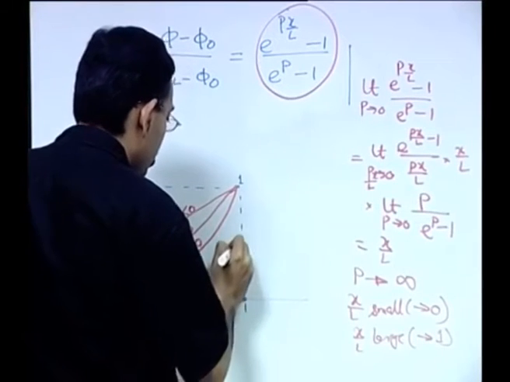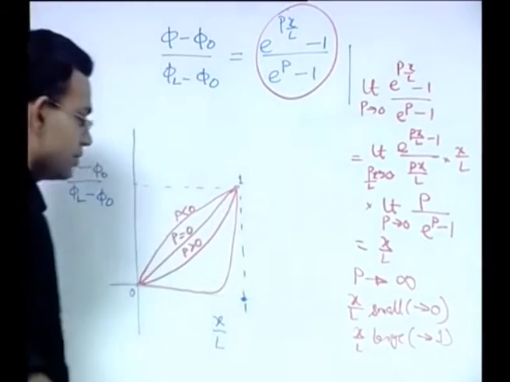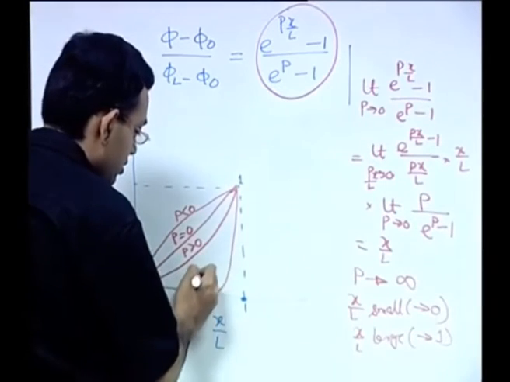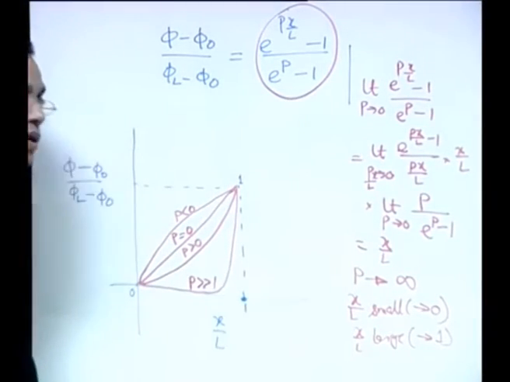So, when it goes close to 1, there is a jump from this towards 1. So, this is Peclet number much greater than 1, very large.